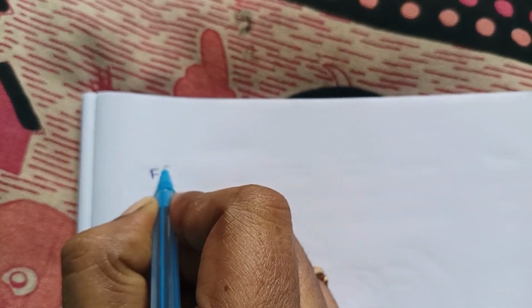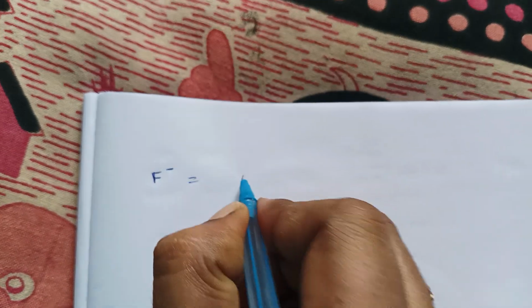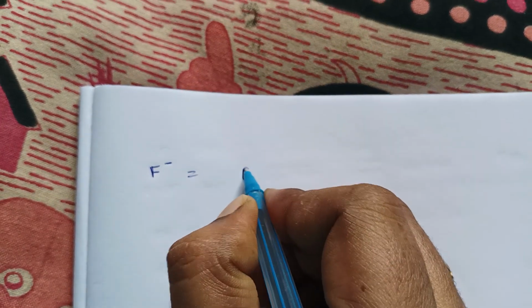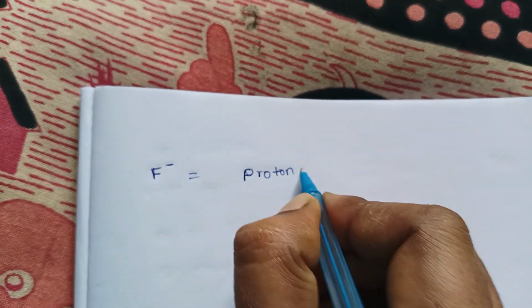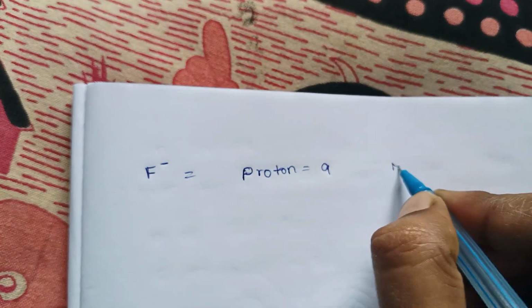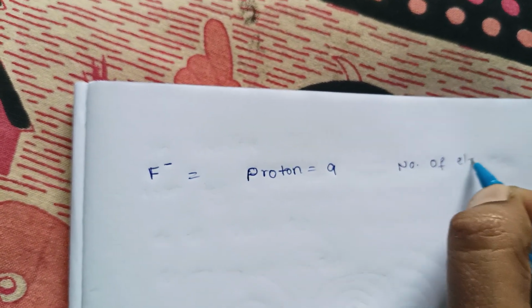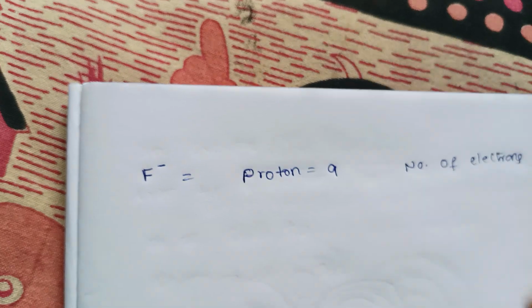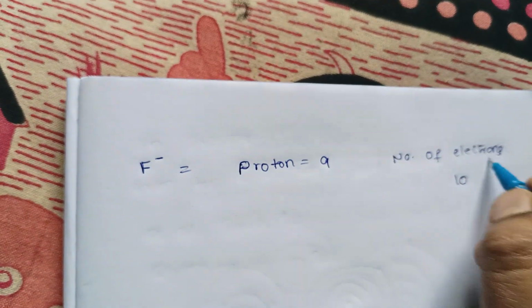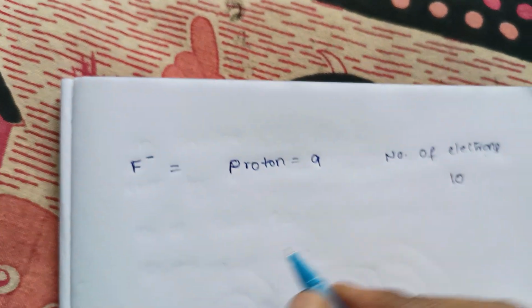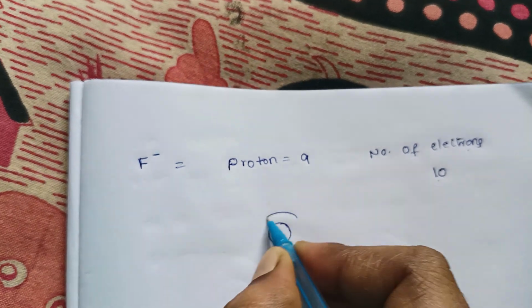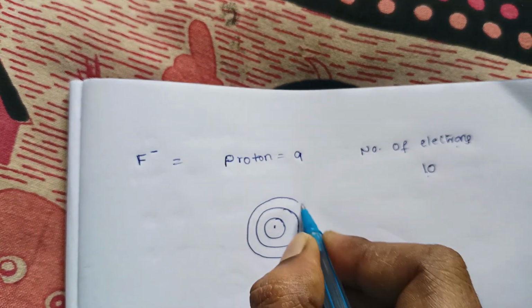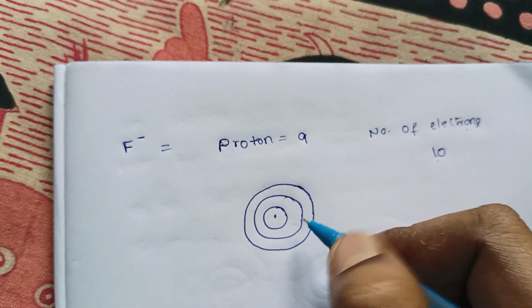For the F minus ion, the number of protons is 9 and the number of electrons is 10. Here electrons are dominating.